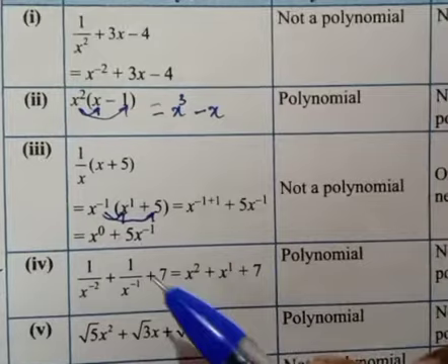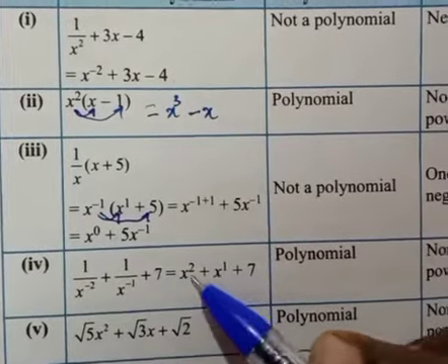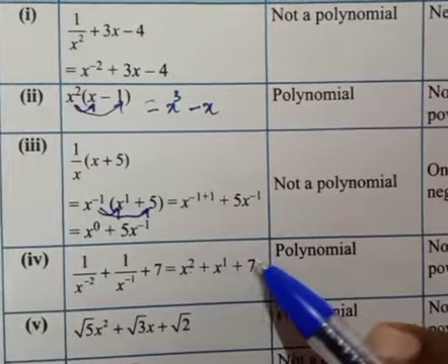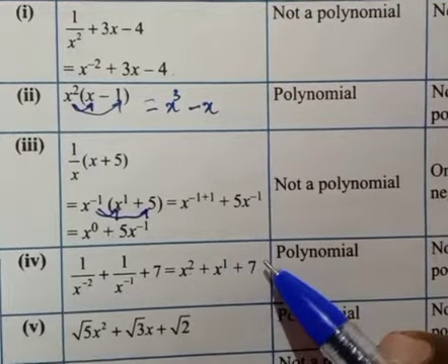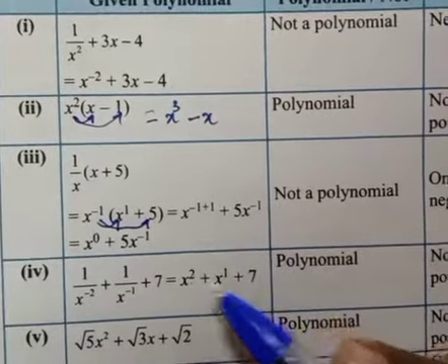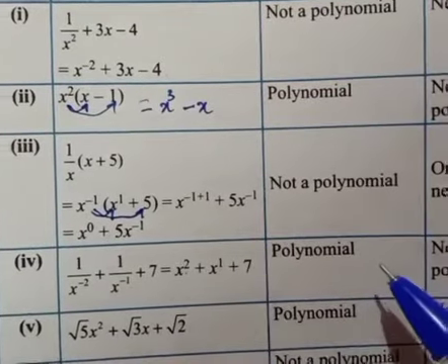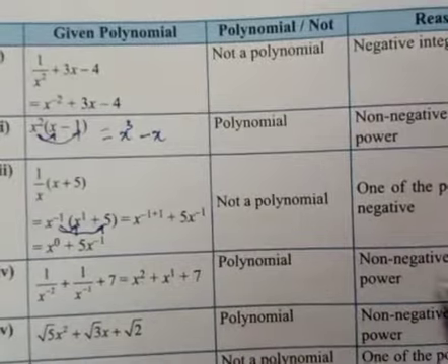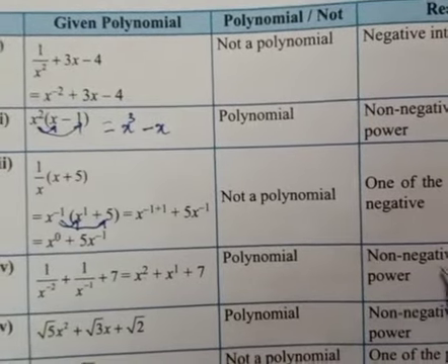Yes, so this is x square. It is x power 1 plus 7. Now you have to check the power of this polynomial. Power of this polynomial is positive, so it is a polynomial. What is the reason it is a polynomial? Non-negative integral power.